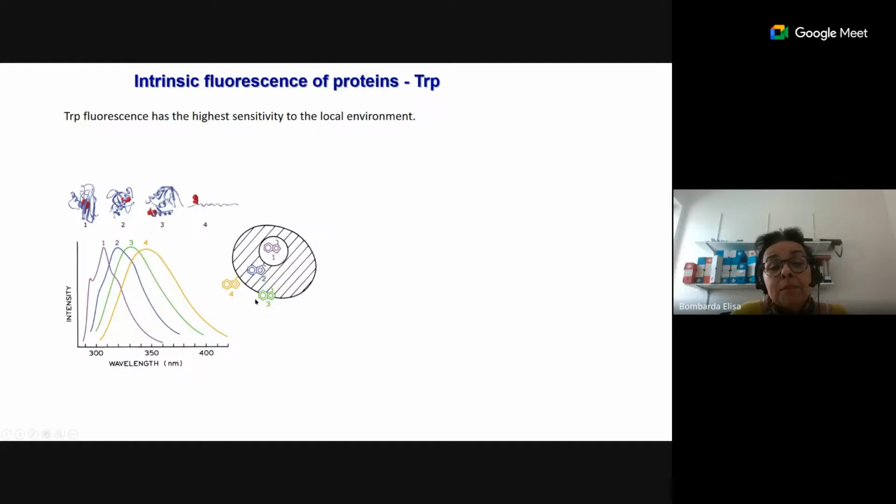And this helps us to study phenomena like unfolding of a protein, or also interaction, because during an interaction, a tryptophan that is initially exposed may become inaccessible, if for example it belongs to the interacting domain of the protein, and so on.